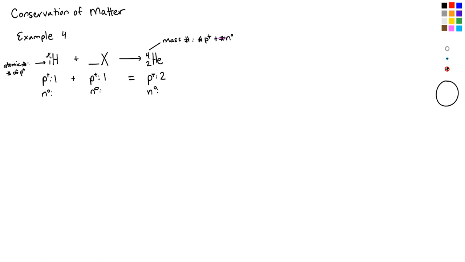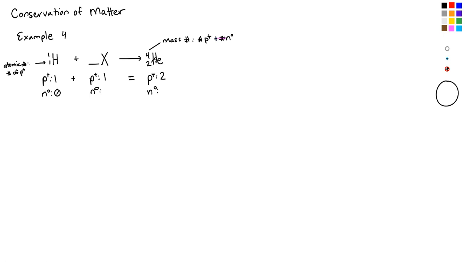Well, in this example, this first atom here, we have a mass number of 1. So our protons plus neutrons is just 1, and I also have 1 proton. I cannot have any neutrons. It has to be 0. Because if I had neutrons, this mass number would not be just 1, it would be more than 1.